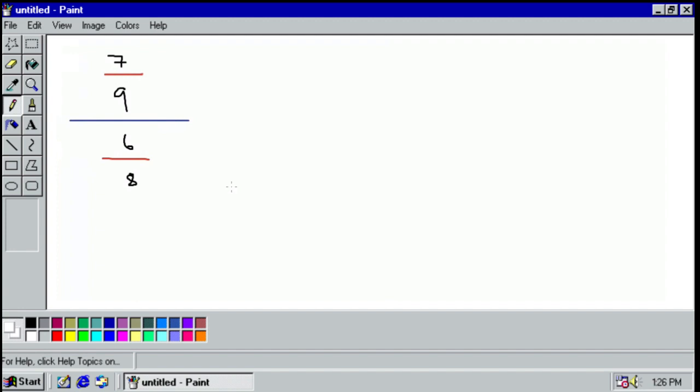Let's have the parts of this first. So here, the blue line is what we call the bar. And we all know that this part is the numerator. And this part below is the denominator.